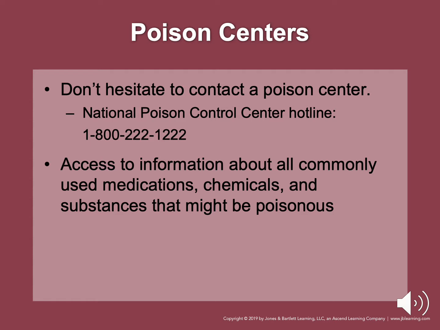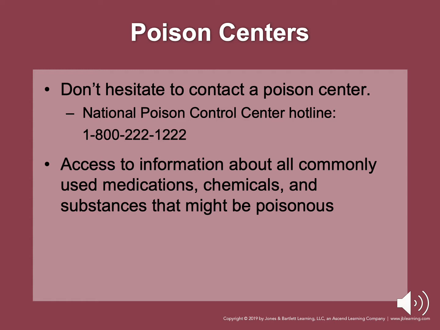So don't ever hesitate to contact poison control. There's a number for them, so they can give you some information on ingestions, its toxic properties, and steps to negate its effects. So you have access to information about all commonly used medications, chemicals, and substances that may be poisonous. But when you call that number, be prepared to answer a few simple questions first: age, possibly what they've taken, and a possible dosage, and some signs and symptoms that they are showing at that time.